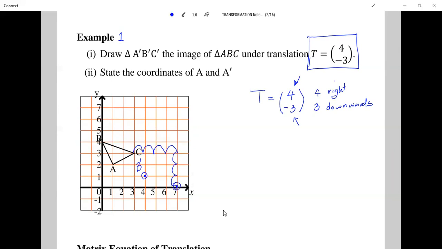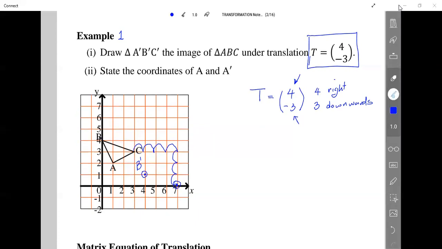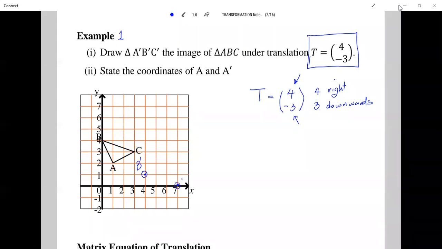I'm going to call that point C prime. All right, so this is the new position of C.